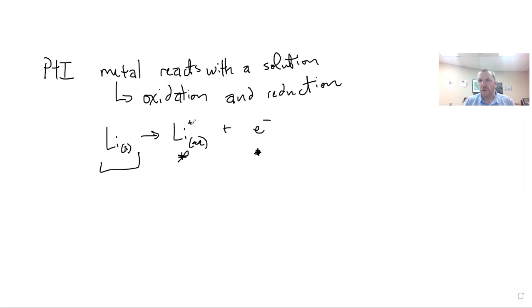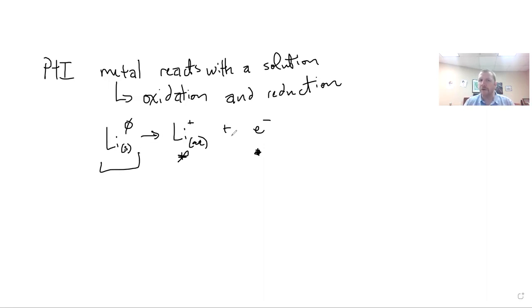Now, if you think about this in terms of charges, a positive charge and a negative charge, those would combine to make 0. So effectively what we have is solid lithium with no charge whatsoever in its elemental state, reacting to form a lithium cation and an electron.